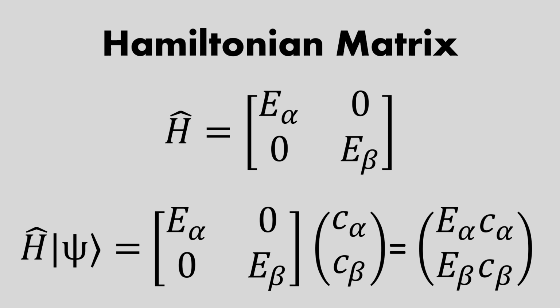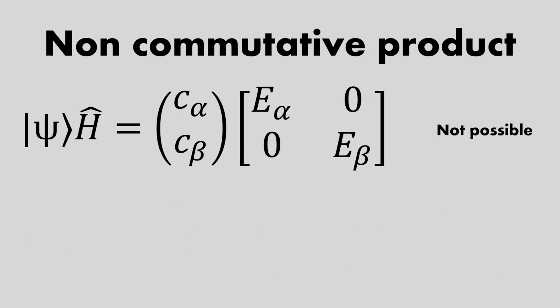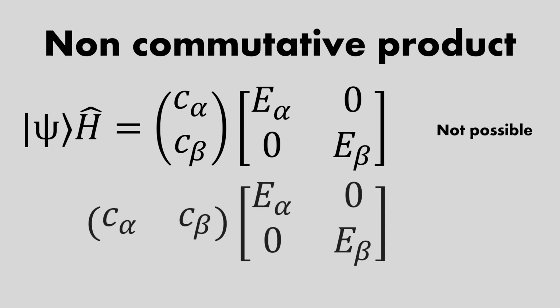There is a small problem, however, since in matrix calculation the product is not commutative. If I do psi times Hamiltonian, it's not an operation that is possible. We need to use a horizontal vector.